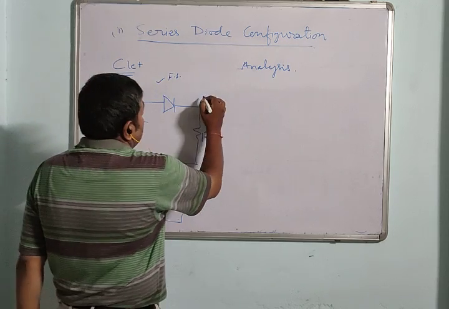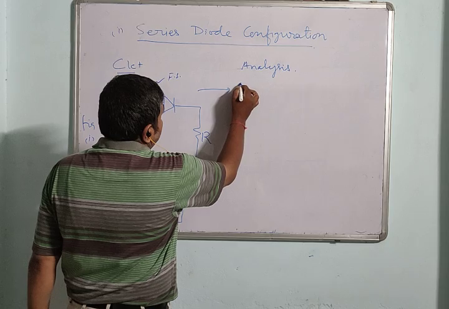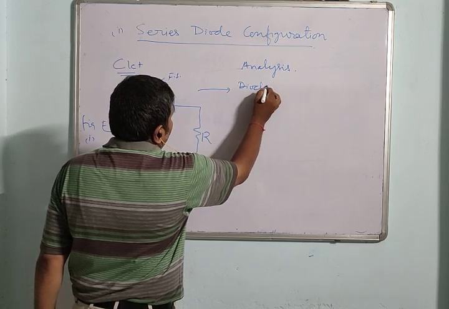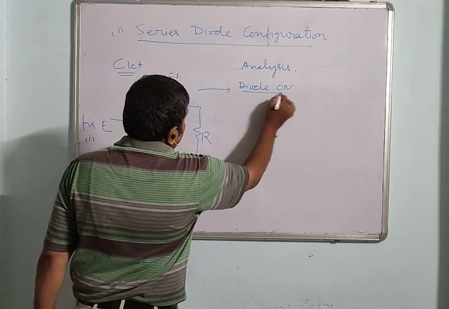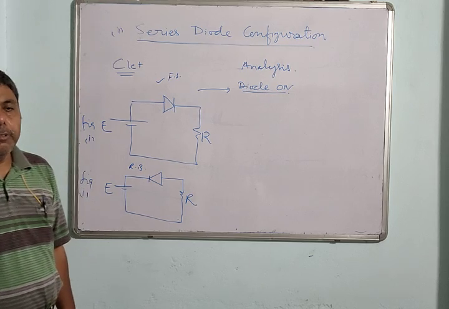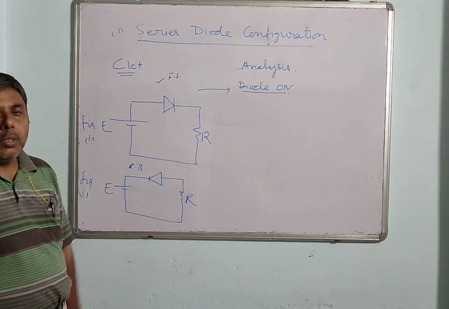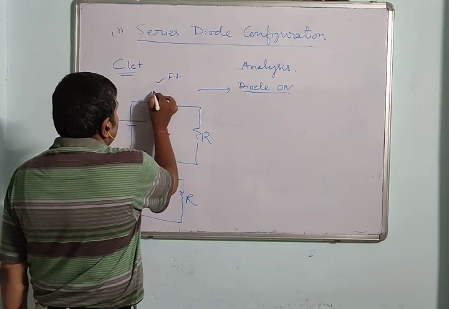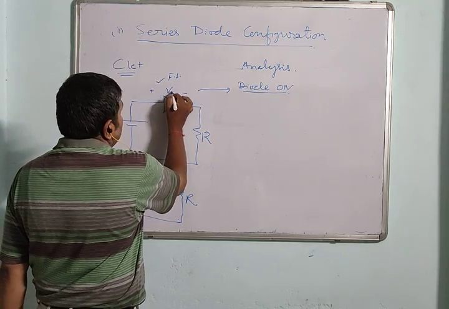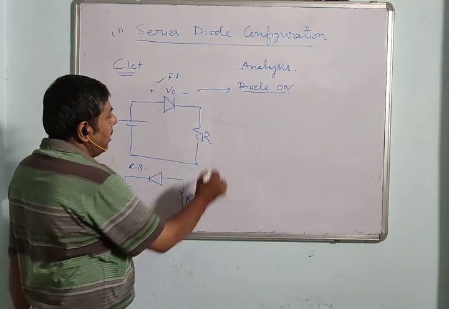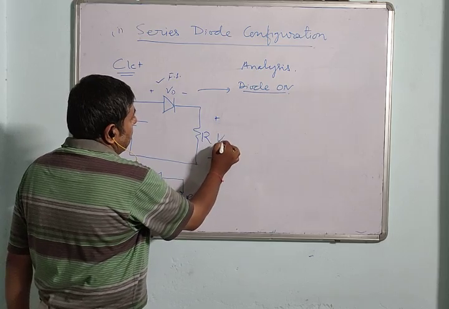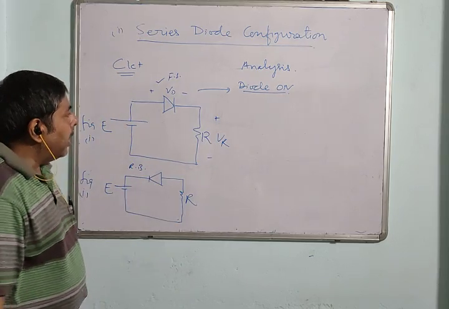So for this circuit, diode is on. You have to see whether diode is on or off. When diode is forward bias, this is on. Then you can calculate all these voltages. Suppose voltage drop across this diode is VD. Voltage drop across this resistance is VR.